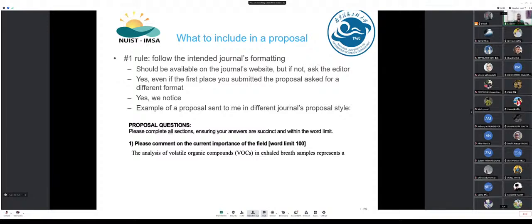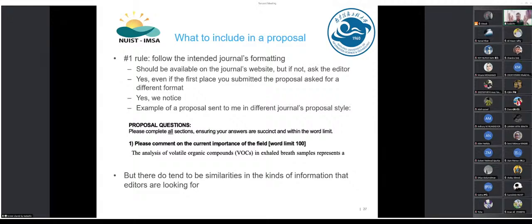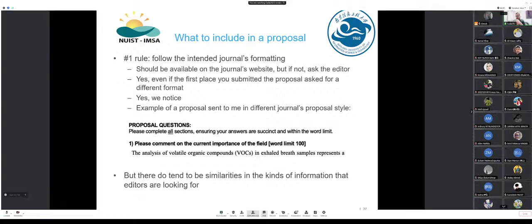And also, here is an example of a proposal that is being sent. You should usually put a word limit of 100 words, because the editors are usually very highly ranked professors in high ranked universities, and they usually don't have time to see the mails.